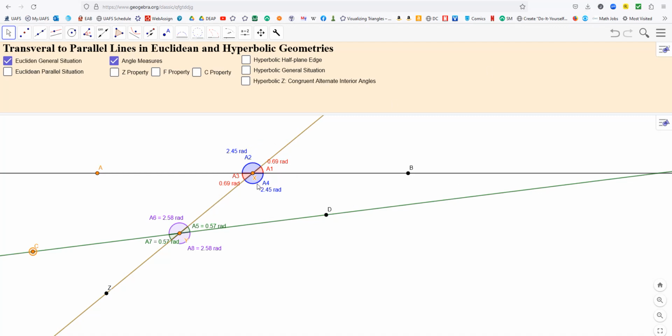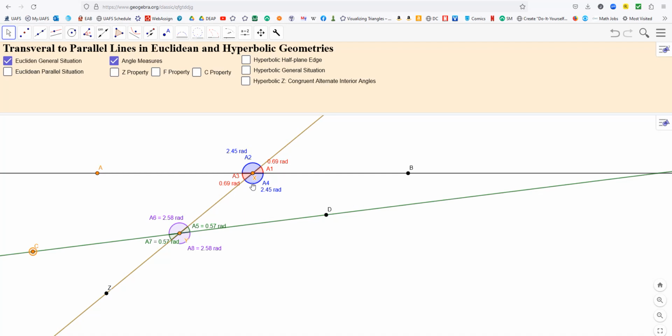Basically, the angles whose interiors don't include this region between X and Y are called exterior angles. In other words, the outside angles: angles 1, 2, 7, and 8 are called exterior angles. Angles 3, 4, 5, and 6 are called interior angles.